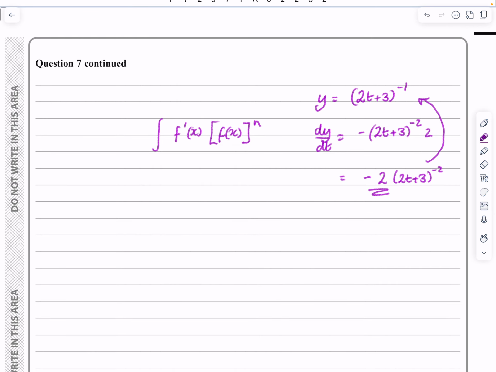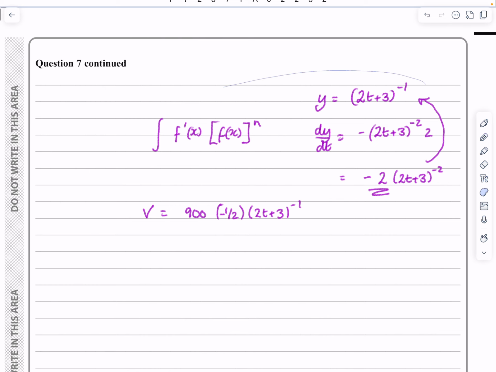But so if I'm integrating both sides, integrating the dV becomes V, and integrating the 900, but then I've got minus a half (2t plus 3) to the minus 1.